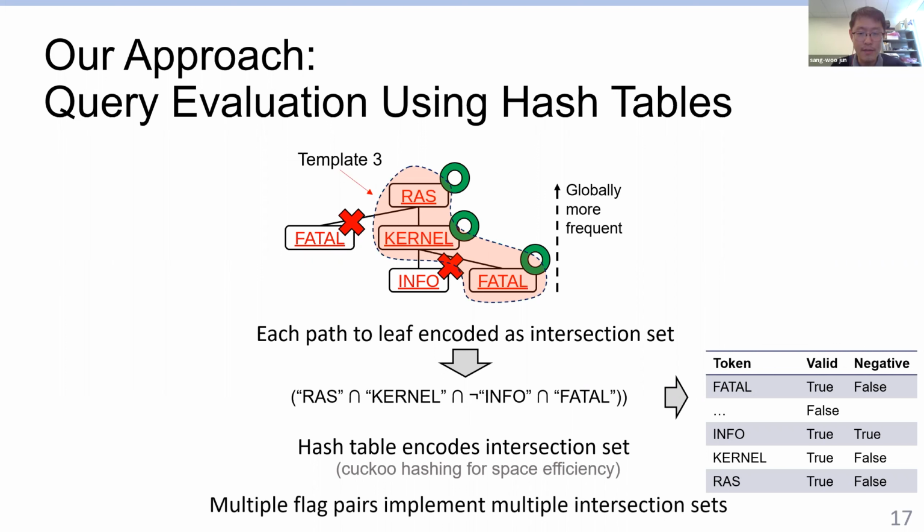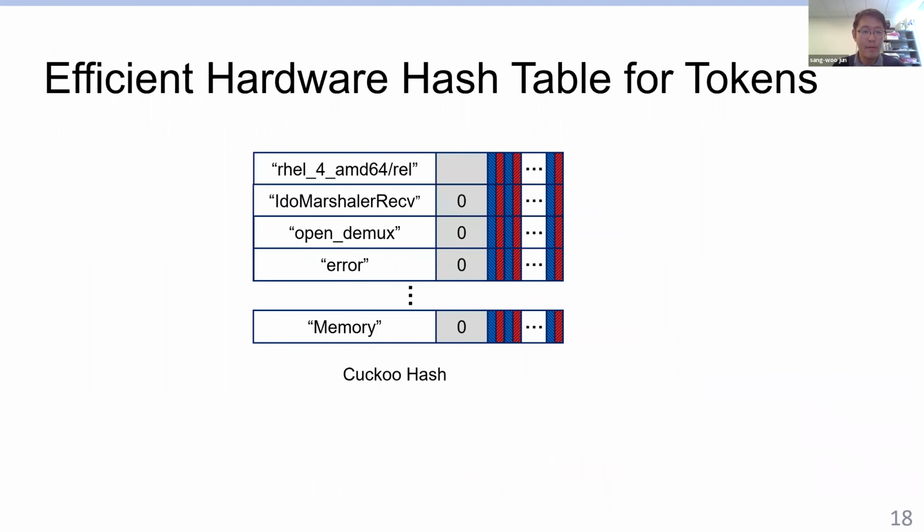You may notice that in the hash table, there is a set of flags, a valid flag and a negative flag, meaning: is this line in the hash something that we should parse? And is this line supposed to exist or supposed to not exist in each line? We implemented an efficient hardware hash table for parsing tokens in this manner.